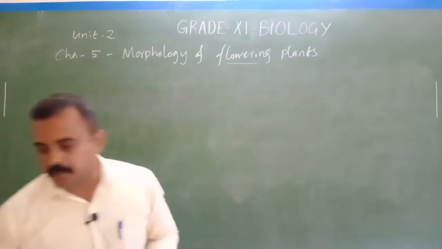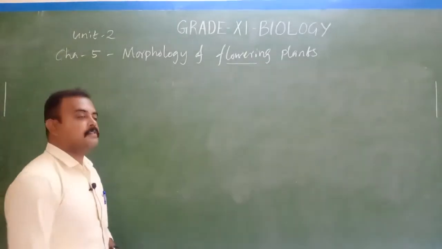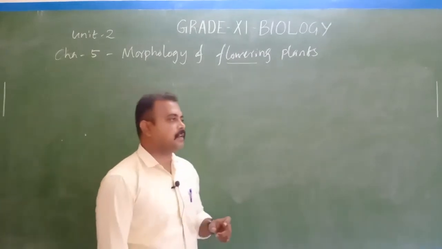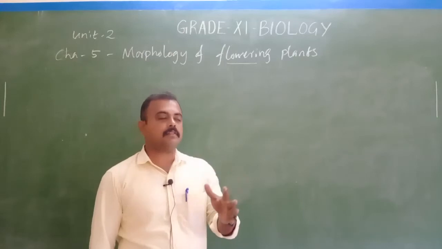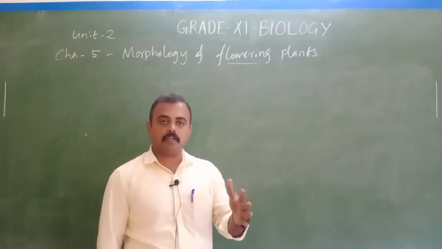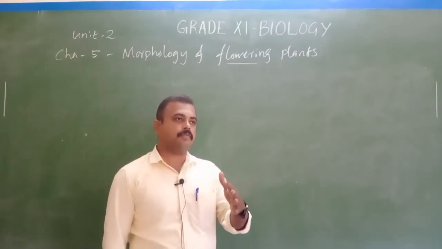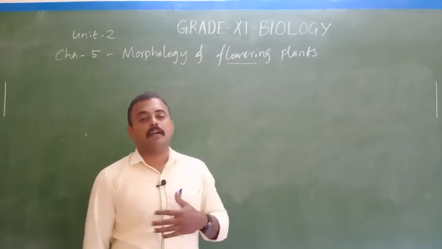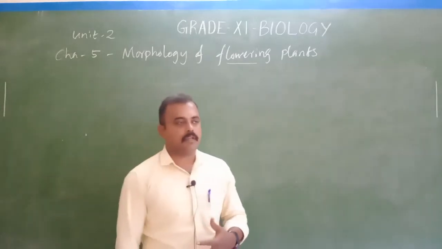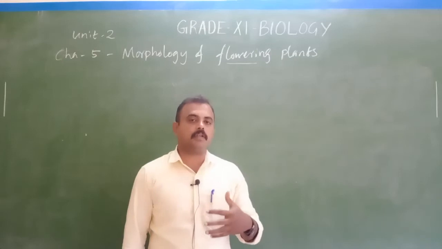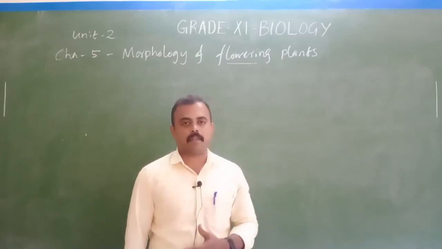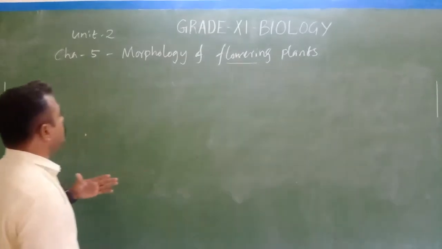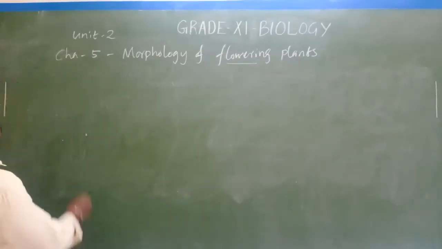Then another thing, the description of some important families. These 2 topics we are going to see. The remaining ones are omitted. If we have time in the future, we will definitely teach about the seed, stem, leaf, like that.